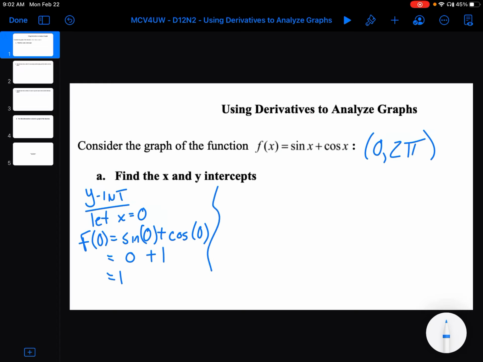For our x-intercept, this one's a little bit different just based on the graph. So we're going to let y equal 0, or f at x equals 0 in this case, and we're going to solve for it. What we have to remember, though, is that sine and cos are the same in quadrant 1 and quadrant 3, because they're both positive in quadrant 1 and both negative in quadrant 3.